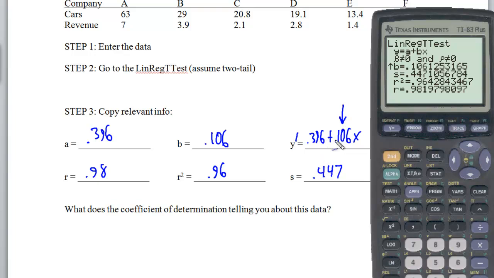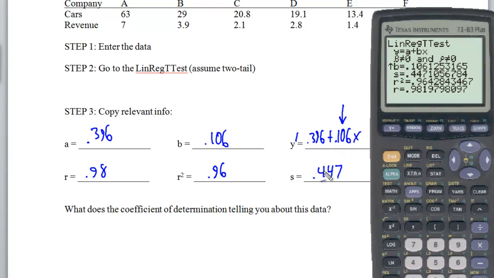So even though you notice that this line is moving in these decimals, in the context of the problem, the Y values are in billions of dollars. So this is 396 million and this is 106 million. It says basically for every tens of thousands of cars, you would increase by 106 million.